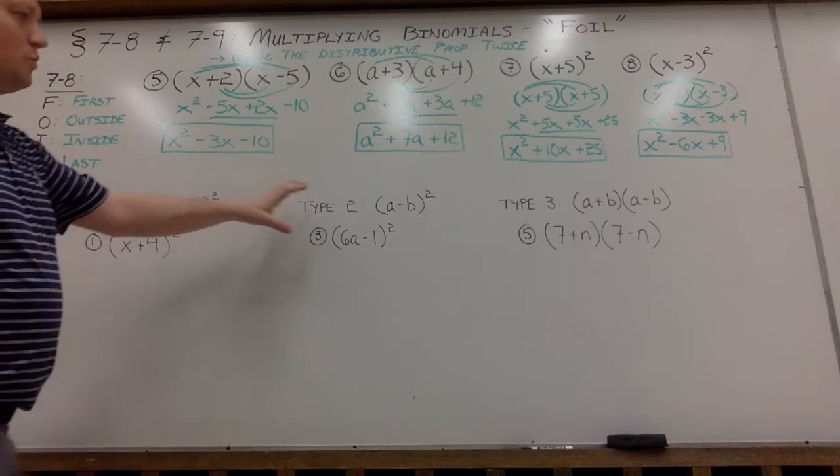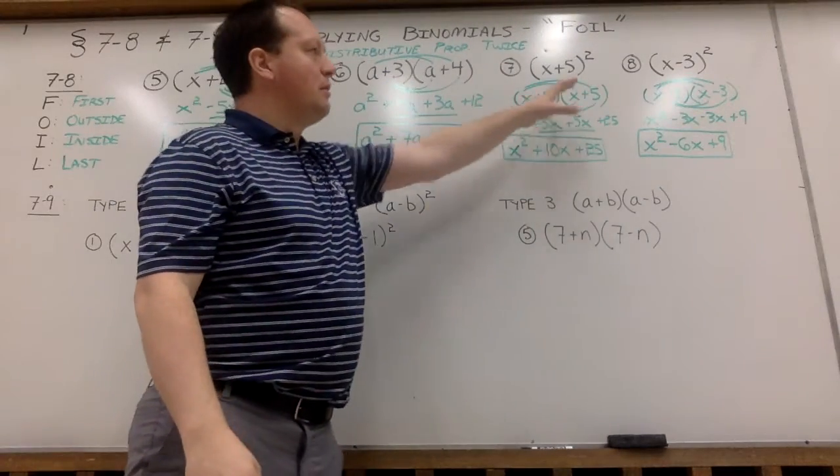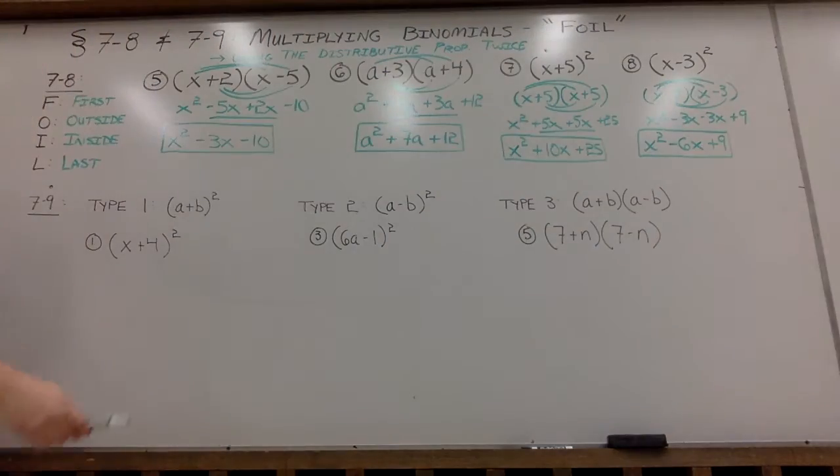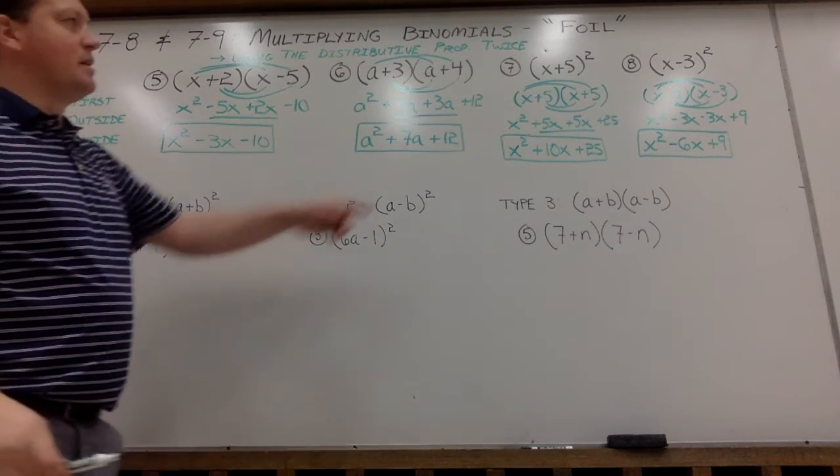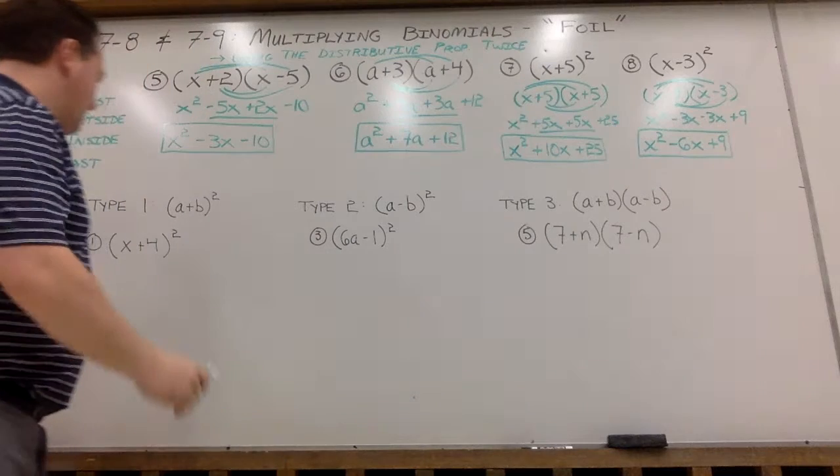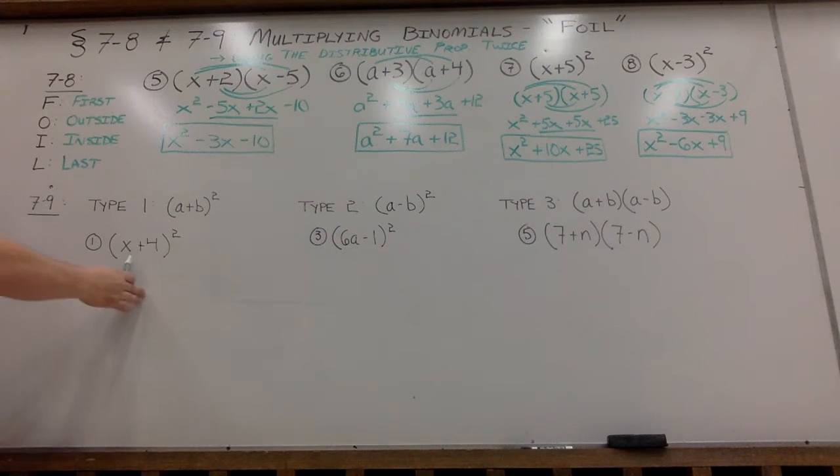7.9 just really illustrates the special cases of squaring a binomial, which we just talked about in example 7. Again, if I'm going to square a binomial, example 1 on the 7.9 notes, just to reiterate the importance, x plus 4 squared means multiply x plus 4 times itself.